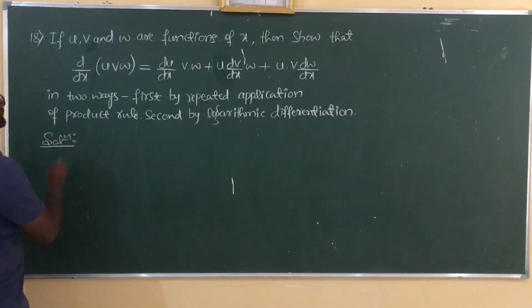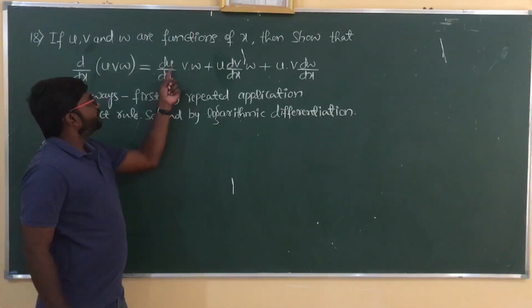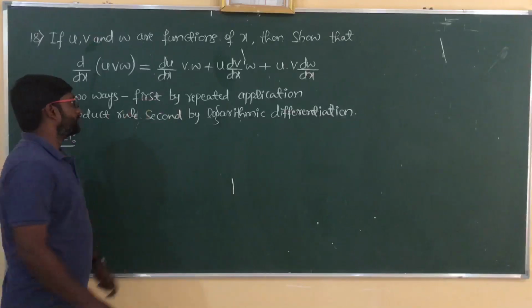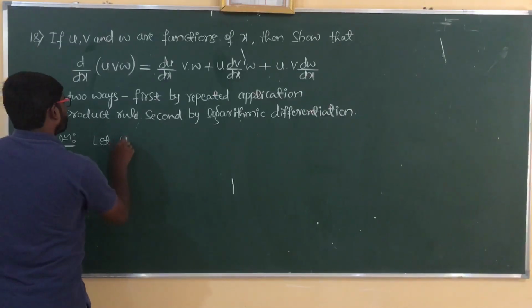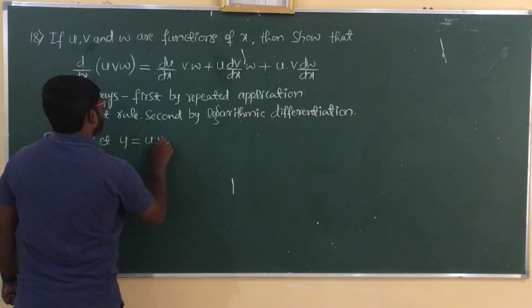See here. So we have to prove d by dx of uvw equal to du by dx into vw and so on, by repeated application of product rule. So here I consider this as y. Let y which is equal to u into v into w.